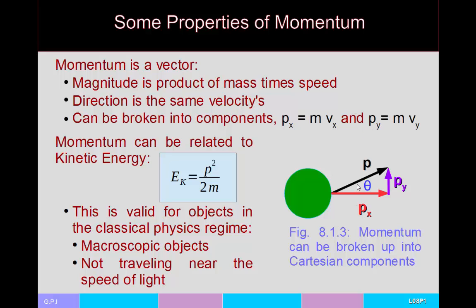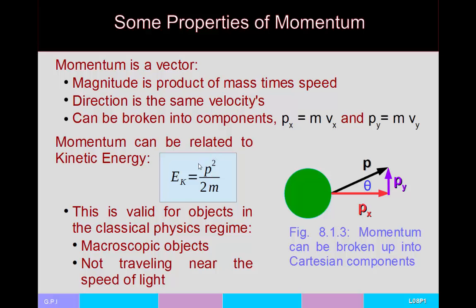And so here's a simple diagram showing the total momentum of some object with the x and y components of that object. It also, in scalar form, can be related to the object's kinetic energy.